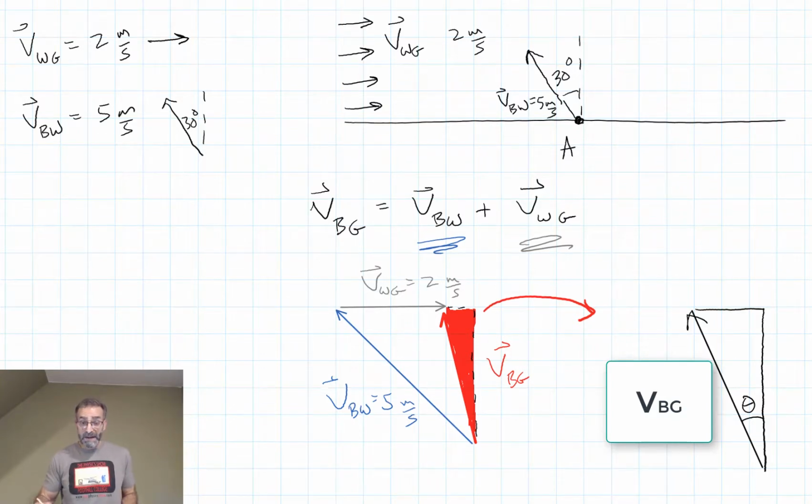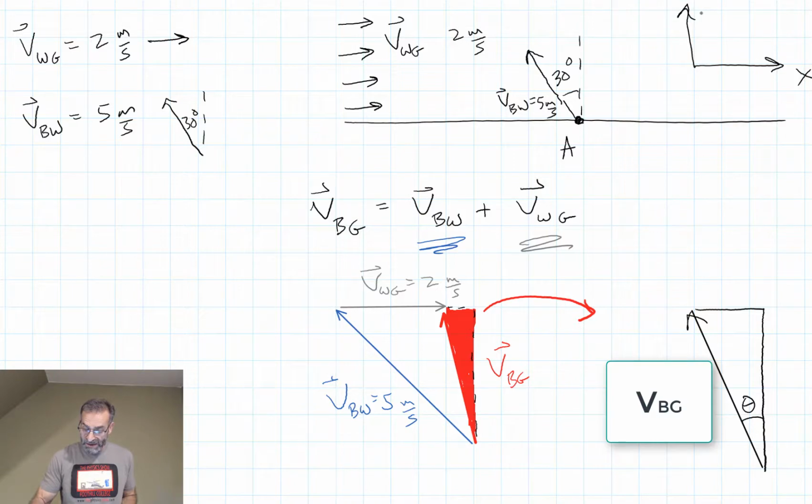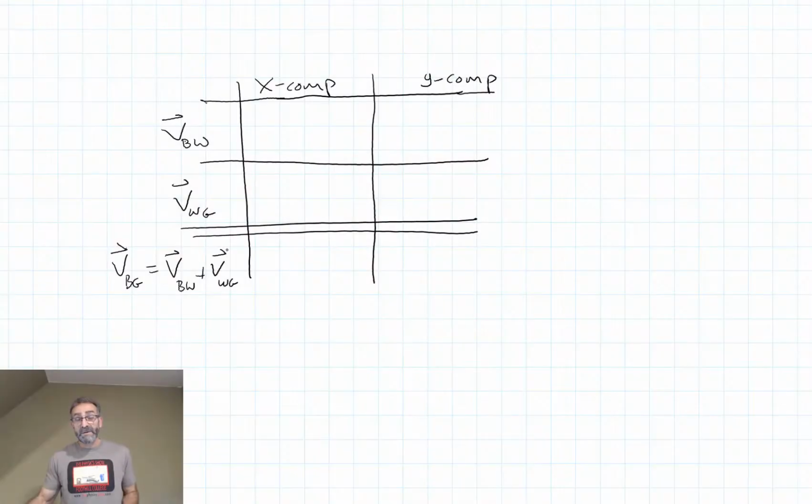In order to use components, we need a coordinate system. So why don't we just pick to the right as our positive x-axis and toward the top of the page as our positive y-axis, since we're used to using that coordinate system. So I make a little table like this. I want to break up all my vectors into x and y components.